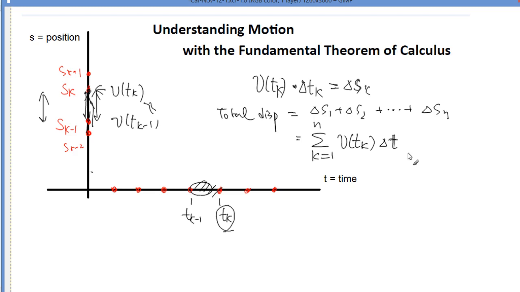Now that's the analysis. That's what went through the physicist's mind, to calculate the displacement if the velocity is constantly changing. That's how it started. But by staring at that, what do you see? What is a good name for the thing that I just wrote? It is a Riemann sum, right?